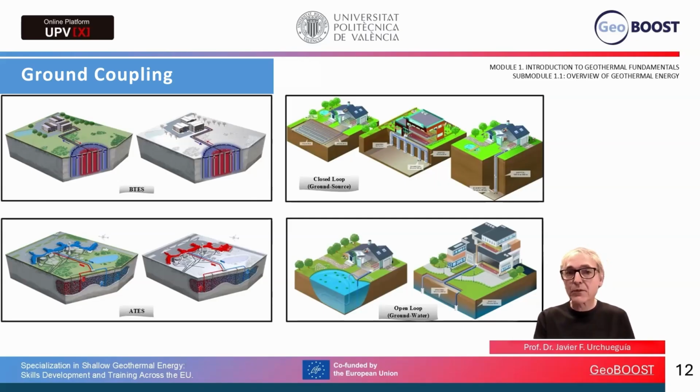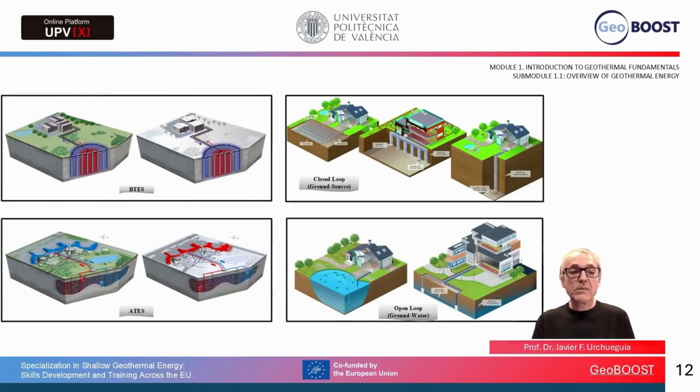We can find this type of system, for instance, in the Netherlands quite often. But as I said before, these underground thermal energy storage systems are also a way of storing heat in the underground by means of similar borehole heat exchangers, by which some heat source can be connected to the underground by means of this type of storage.